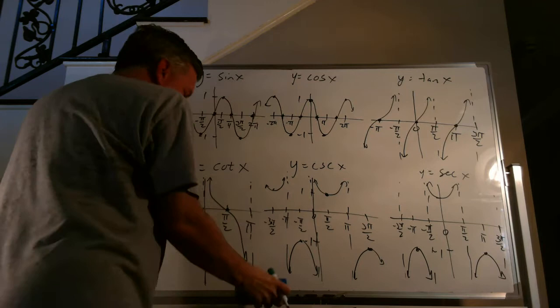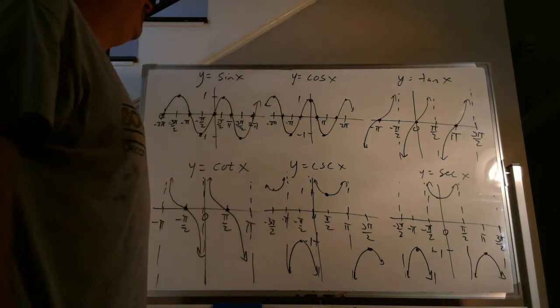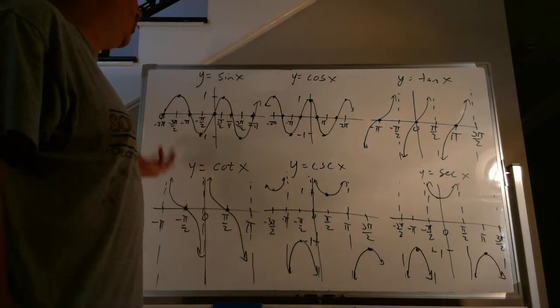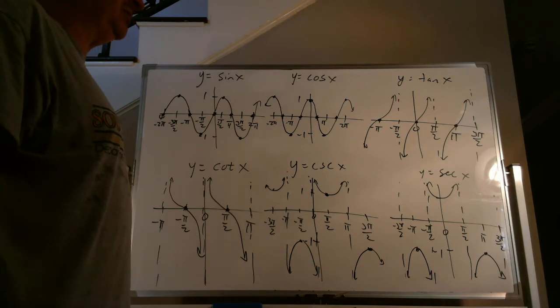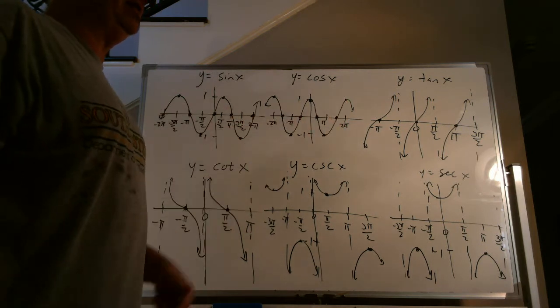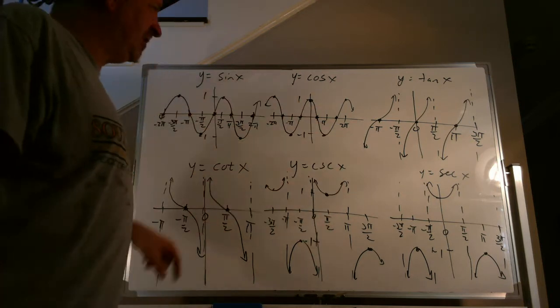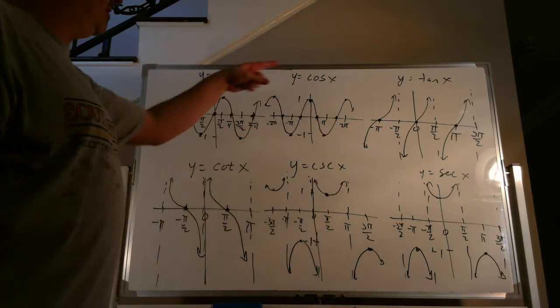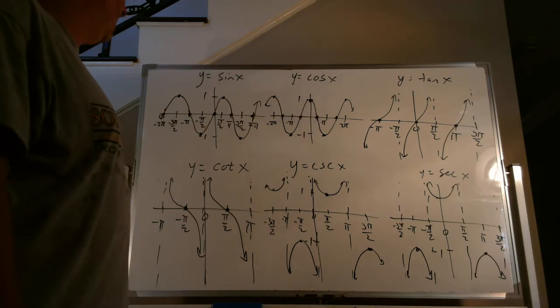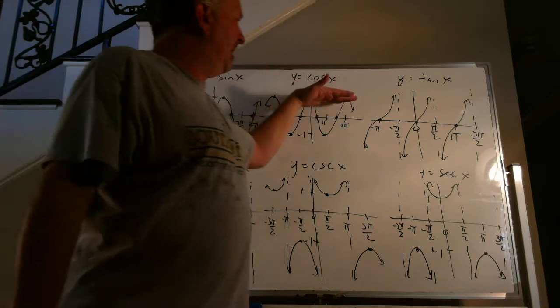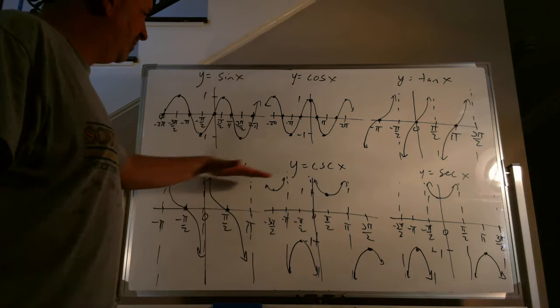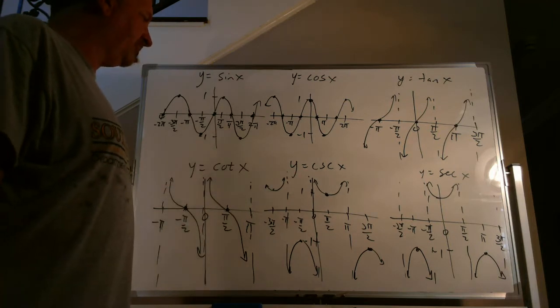You recall from college algebra, for a function to have an inverse function, its graph has to pass the horizontal line test, meaning if you draw a horizontal line, it can only intersect the graph in one place. Well, I've grabbed all 6 of our basic trig functions: sine, cosine, tangent, cotangent, cosecant, secant. If you draw a horizontal line, you hit every single one of these graphs in more than one place.